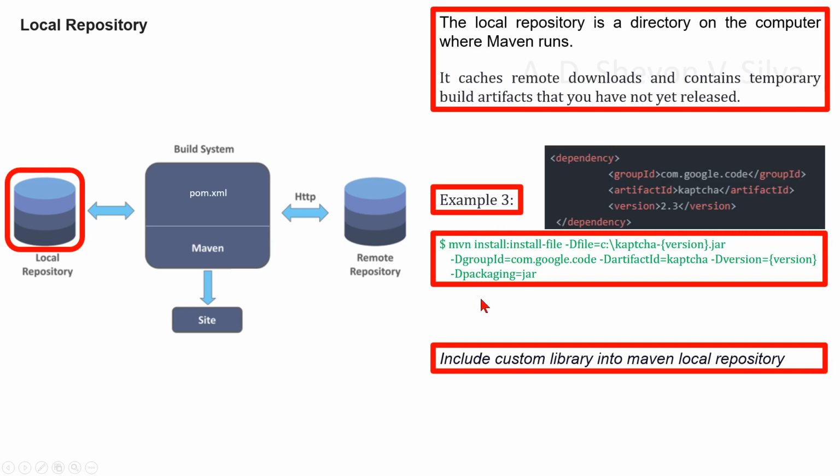As example 3, we can consider this one: include a custom library into the Maven local repository. Here download the captcha, extract it, and copy the captcha-$version jar to somewhere else, for example the C drive, and run this command.